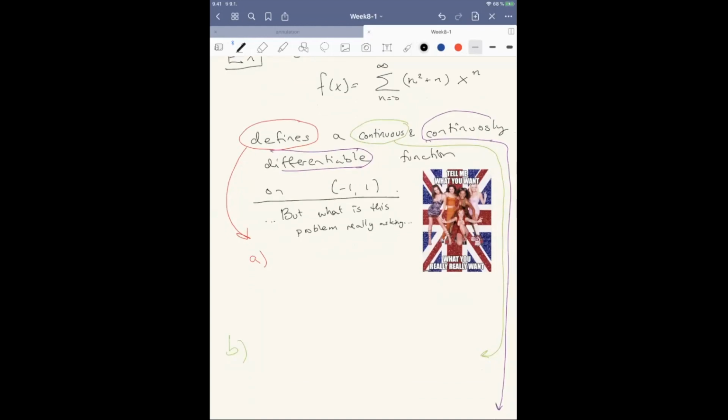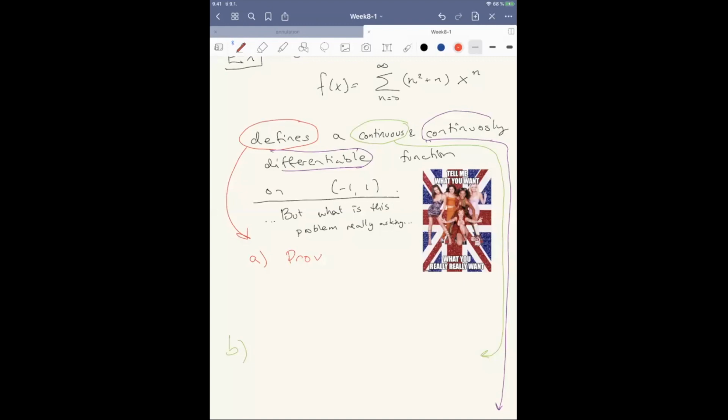First, defines. What do I mean when I ask you to show that something defines a function? Well, it is this sort of corpus delicti issue that you have to prove that the series converges. So part A of these problems, if I haven't explicitly given you a part A, is that defines.